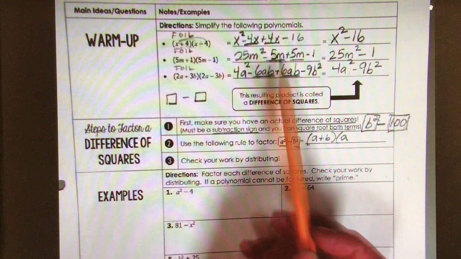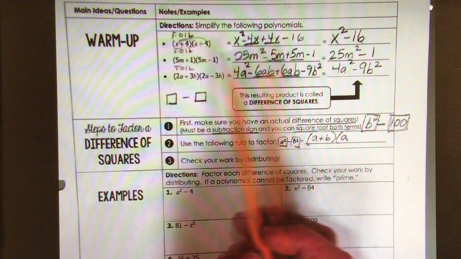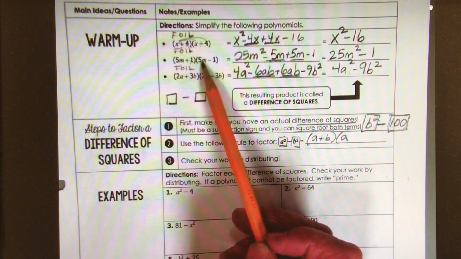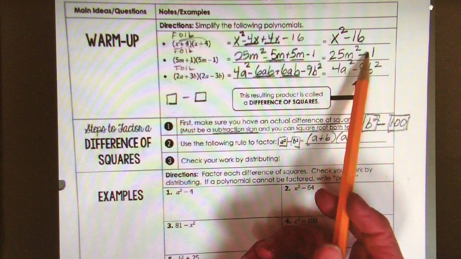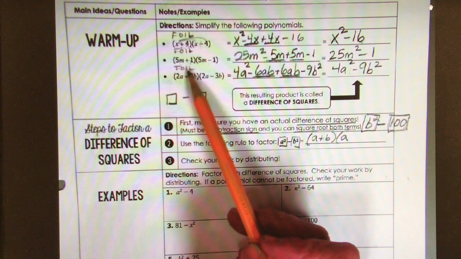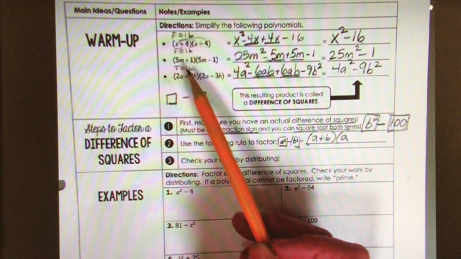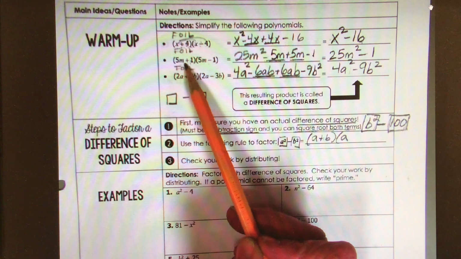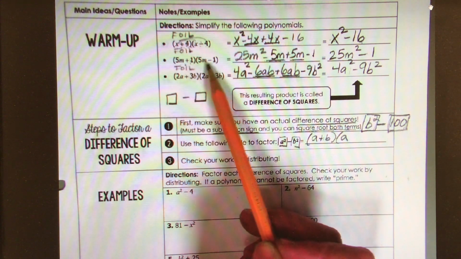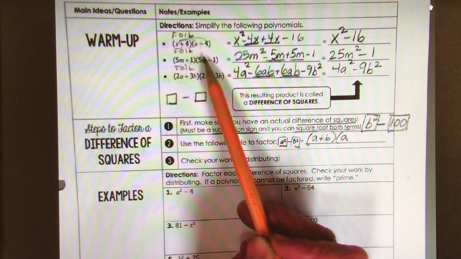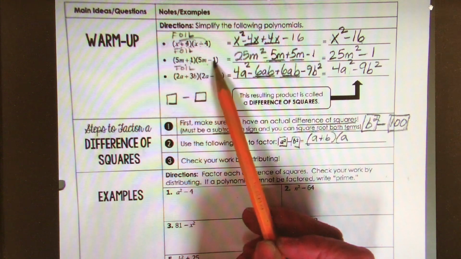Well, that's interesting, and I end up with the negative 16 here. 5m plus 1, 5m minus 1, I end up with a negative. So if you notice all of these problems up here, the first factor, you are adding the two terms together, and then the second binomial, you're subtracting the two terms.